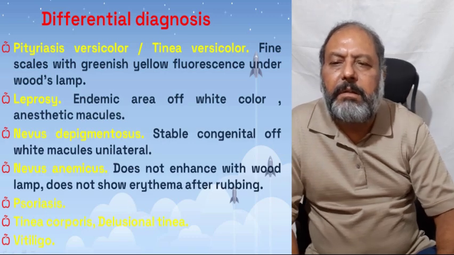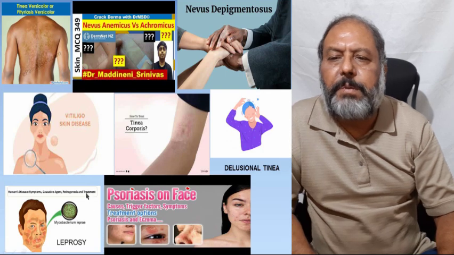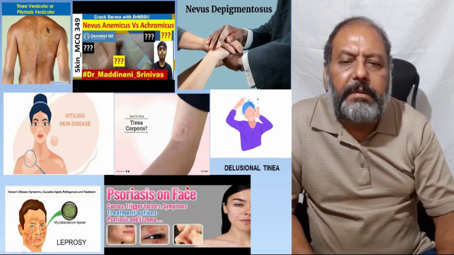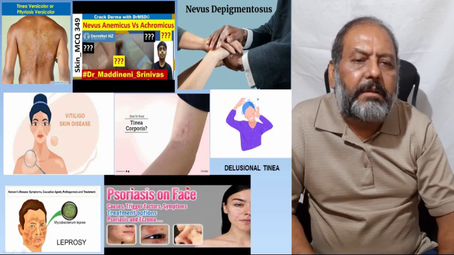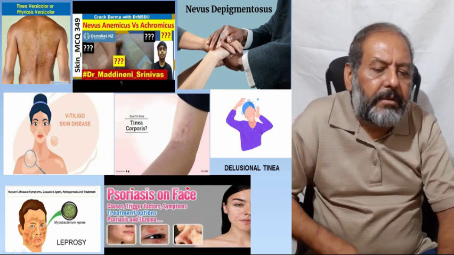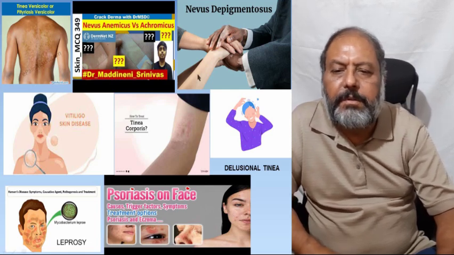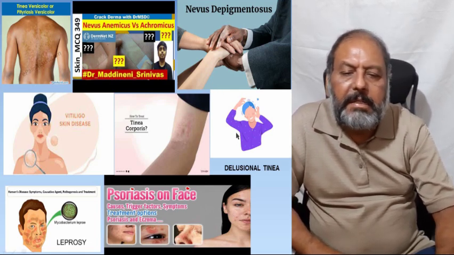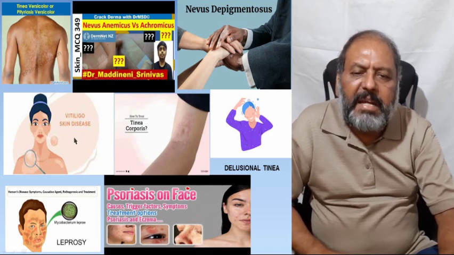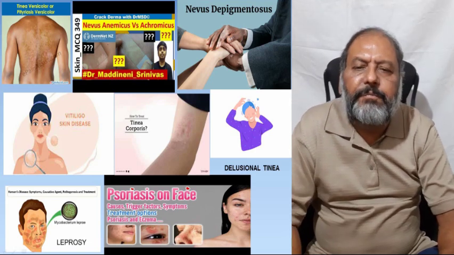So here one can see tinea versicolor or Pityriasis versicolor, nevus anemicus, nevus depigmentosus, tinea faciei, tinea corporis, vitiligo, leprosy, and psoriasis on the face. By having these features, one can differentiate them.